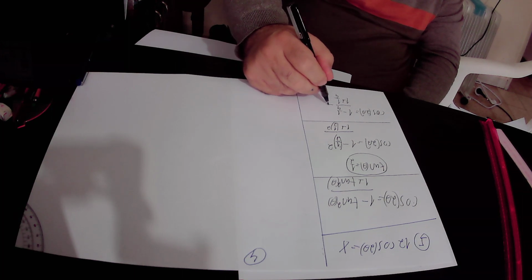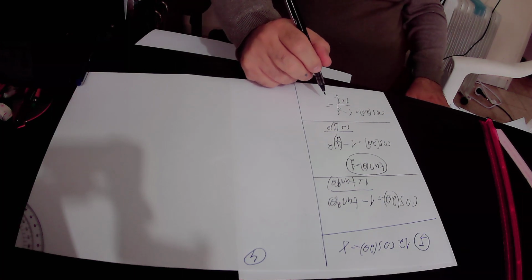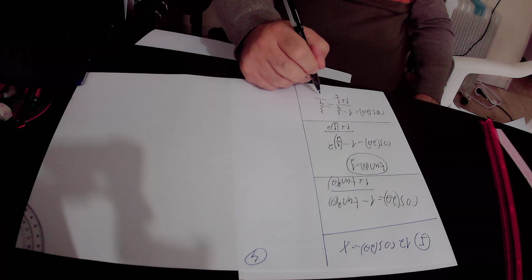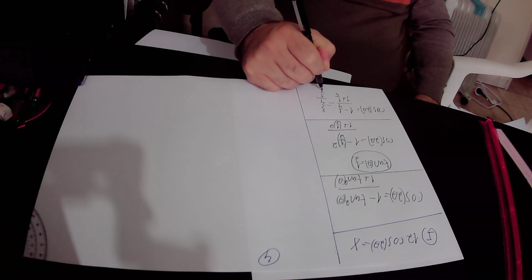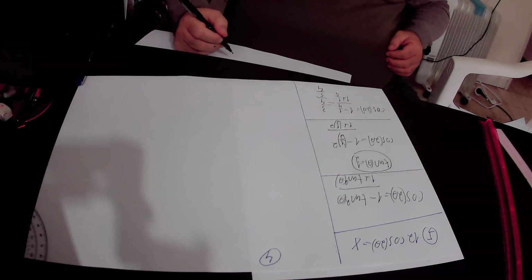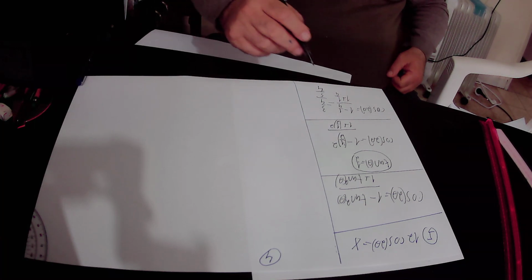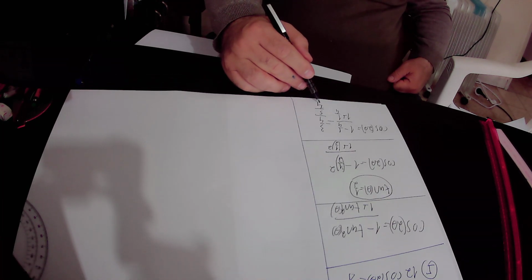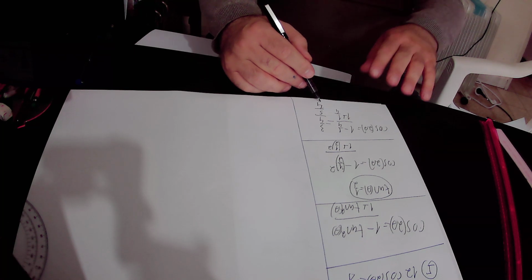So 1 minus 1/4 is 3/4, and 1 plus 1/4 is 5/4. We have 4 in the numerator and 4 in the denominator, so 4 will get cancelled.